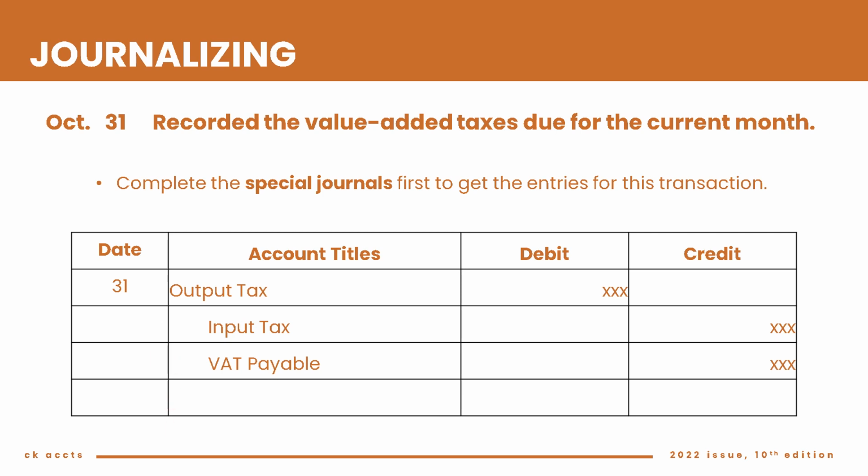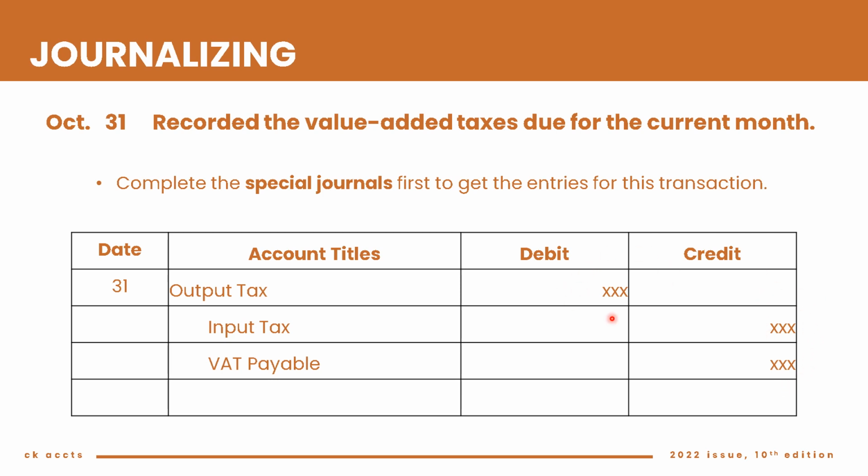And yung credit naman natin ay input tax and VAT payable. Magkasama sila. So, bakit sila magkasama? Kasi VAT payable, ito ay parang masasabi ko na balancing figure kasi siya eh. Pagdating dito sa specific record na to, pagdating kasi ng output tax, input tax, madedetermine mo yung value niyan kapag natapos mo na yung special journals.